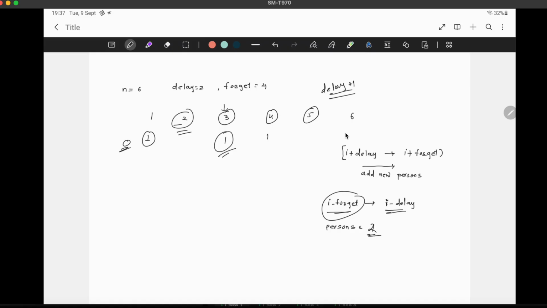Again, we have to check I minus forget, whether any particular person from a previous time forgot and cannot update day 5. So here 5 minus forget is 4, so the day 1 person definitely forgot updating this one. The idea is pretty straightforward: from these persons, we have to subtract one person, that is, all the persons available on day 1.